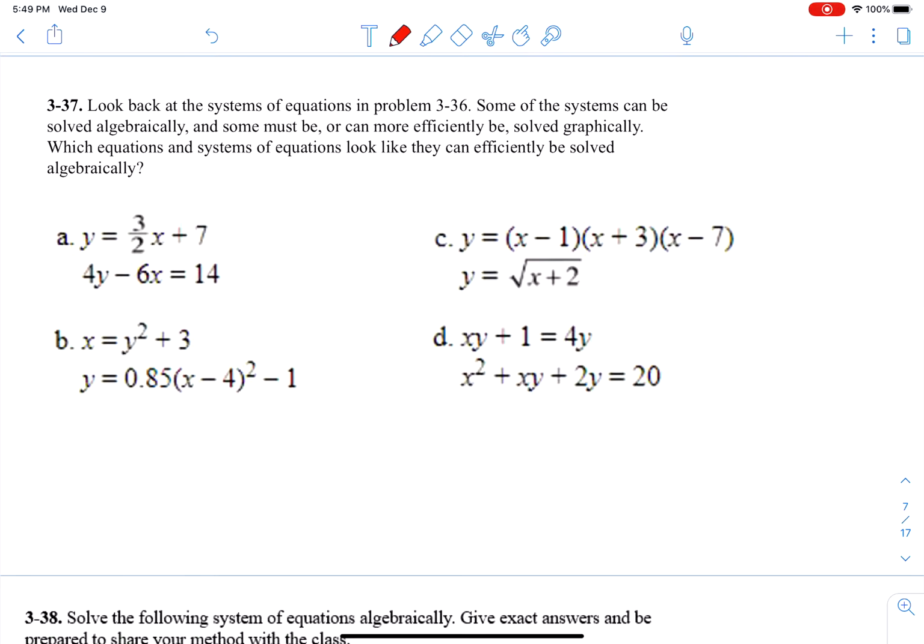So if I look back at these systems of equations and think about which ones I would like to solve algebraically, which ones are going to be easiest to either eliminate a variable or solve for a variable? Letter A is 2 lines, so that doesn't seem too bad.